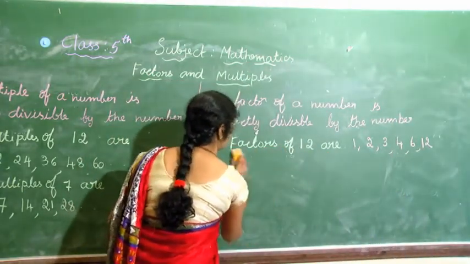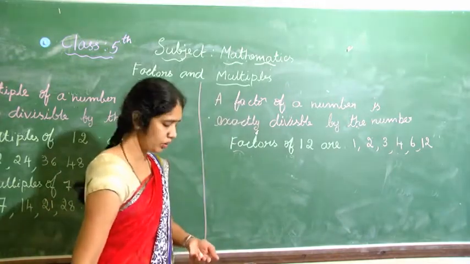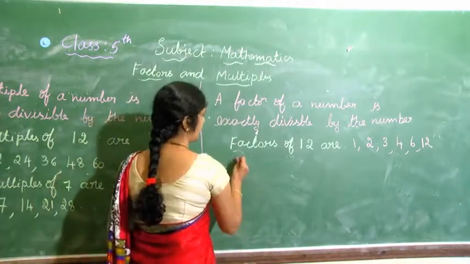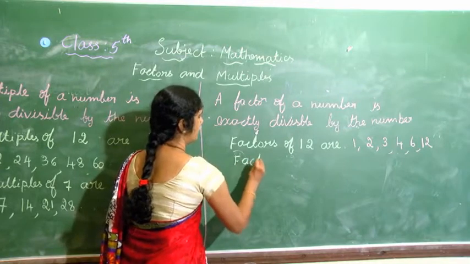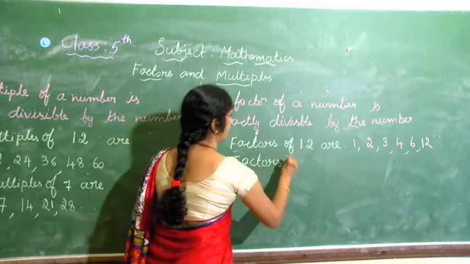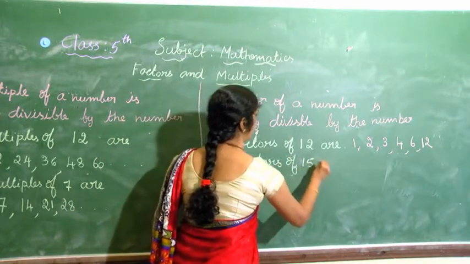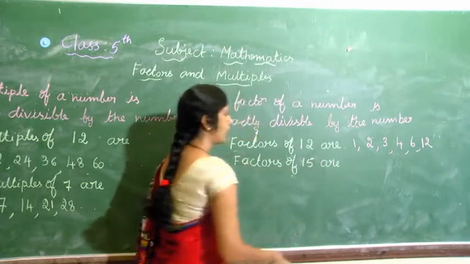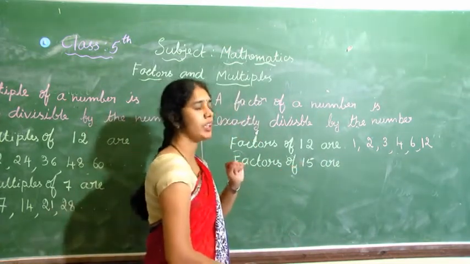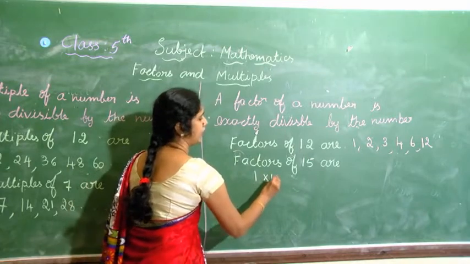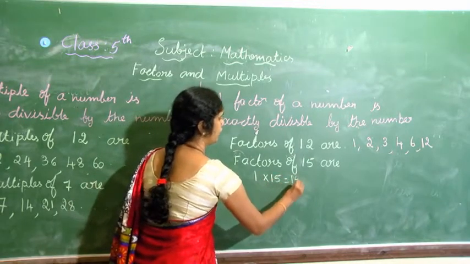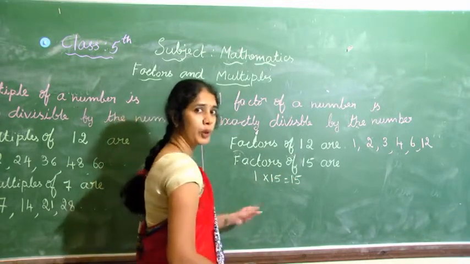Next, factors of 15. See, you can observe in which table 15 will come. As usual, 1 is compulsory every time. 1 into 15 equal to 15. Next, in the 2 table will 15 come?